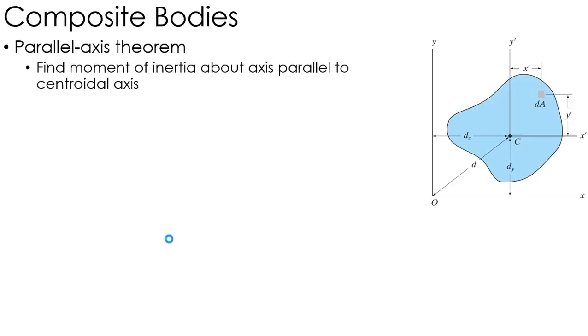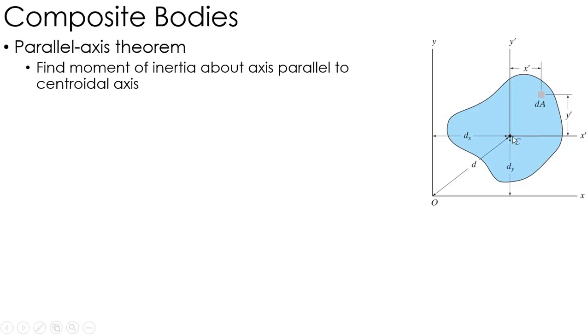Now, as with centroids, we can do this using composite bodies. Before we talk about how to do moments of inertia for composite areas, we have to discuss something called the parallel axis theorem, which is basically the moment of inertia of a body about some axis that's parallel to an axis that passes through the centroid.